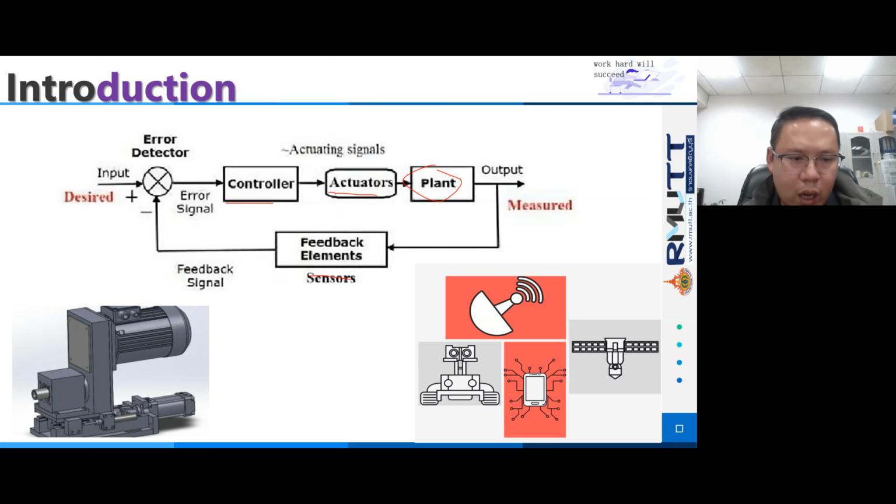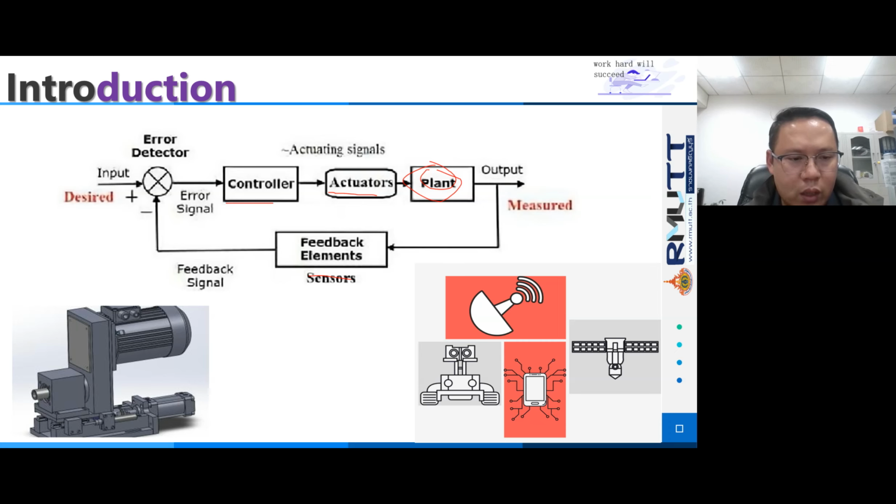The actuator is the device that moves the system, in the rotational system, for example, the plant. This could be a motor, for example DC, AC, or servo motor, that generates the torque to cause rotation.